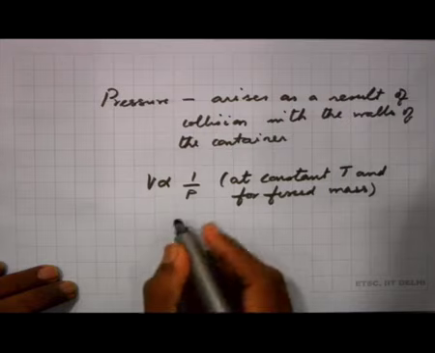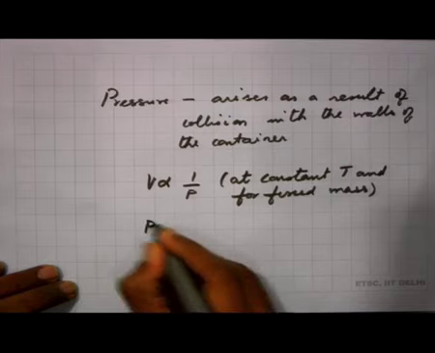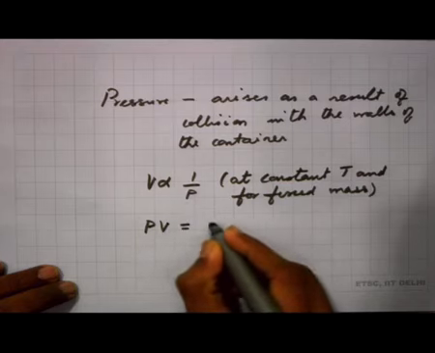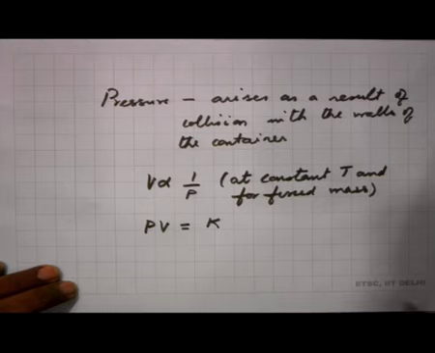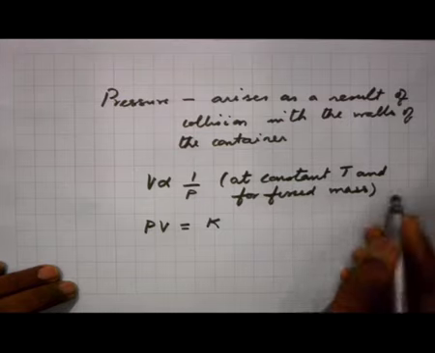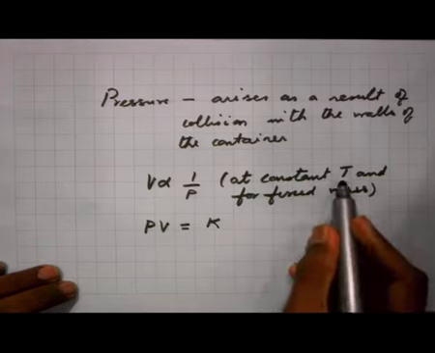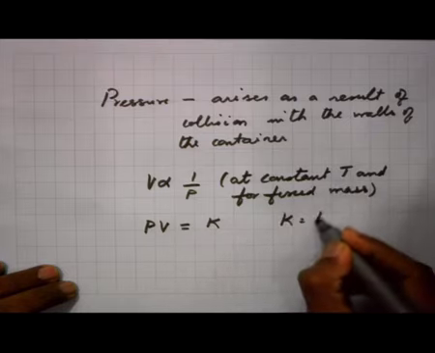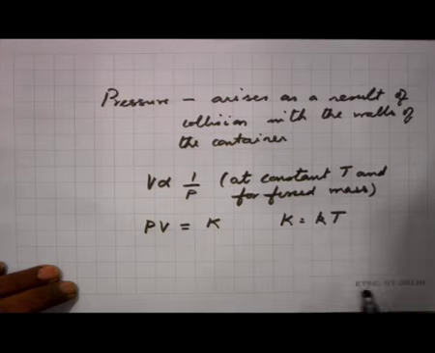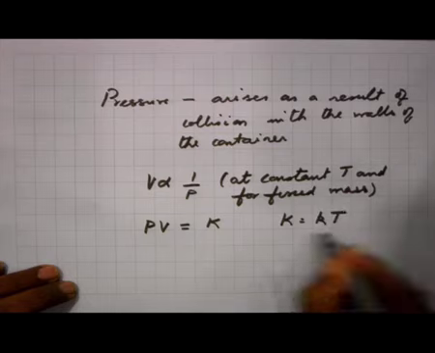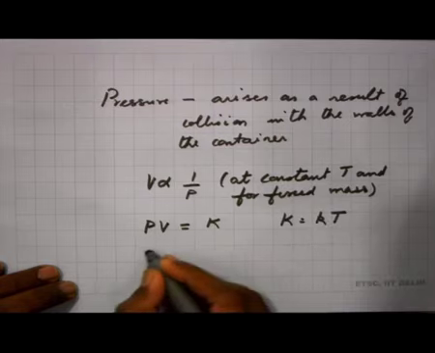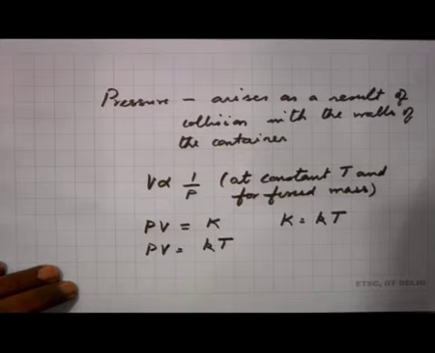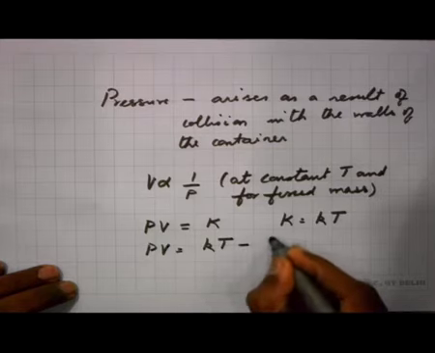So, we rewrite this a little bit and we say that PV, the product of P and V, is a constant. Let me call this constant K. Now, for a fixed mass, because the temperature is constant, we now write that K can be written as small k times T. So, I say that PV equals kT. This is the deduction from Boyle's law.